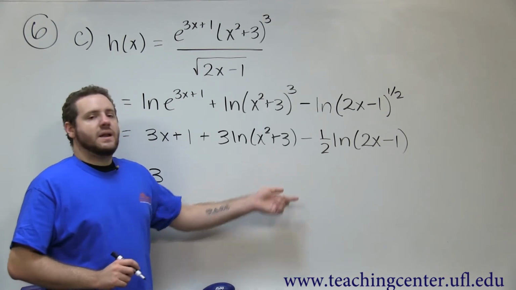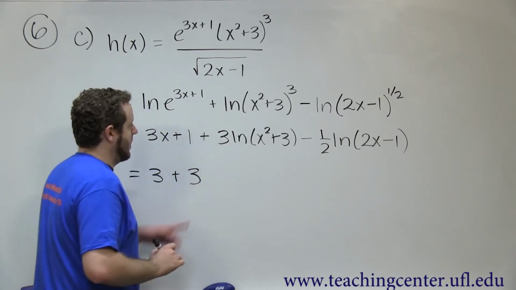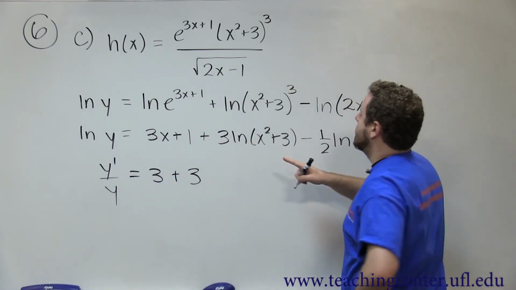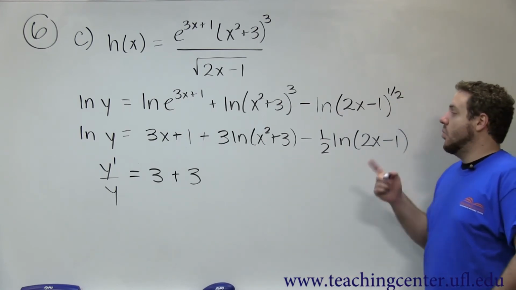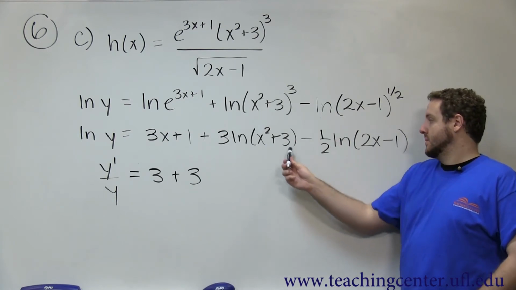The derivative of an ln term, well, first of all, we have 3 here because the constant is going to stay there. Remember that when we do the derivative of an ln, we just put whatever you're taking the ln of in the denominator, 1 over that, and then we multiply by its derivative because of the chain rule.